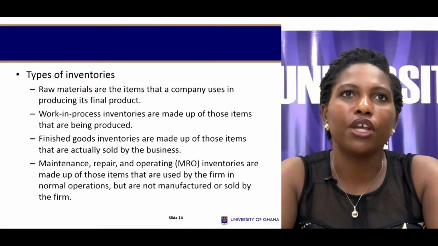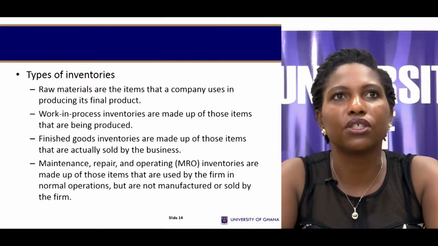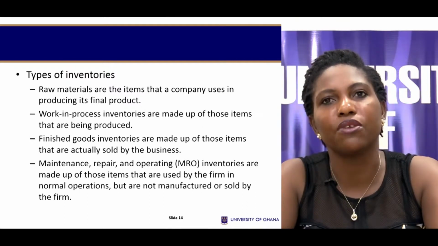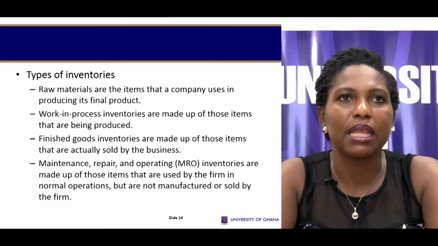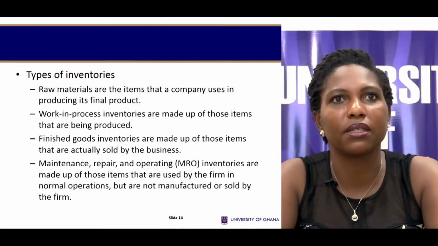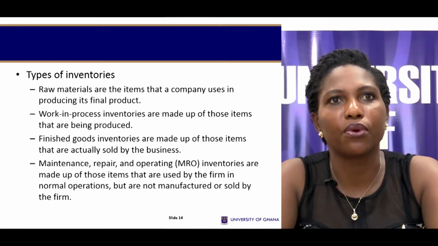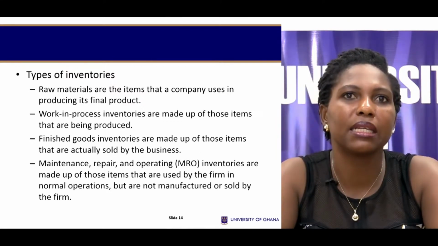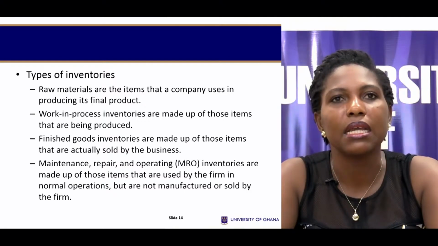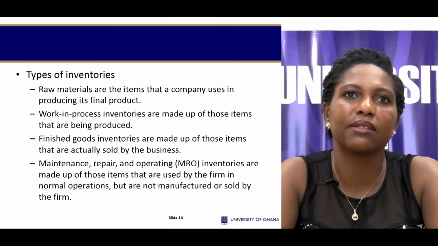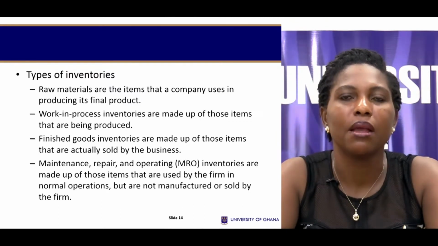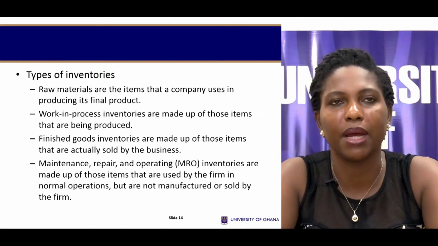Now, before you proceed with making those decisions, you need to understand the types of inventories you may face. For some, there's inventory of raw materials. Then we also have work in process materials, that means items that are still under production. Then we have inventory of finished goods, and then for certain firms we may have an inventory of maintenance, repair, and operating items, made up of items used by the firm in servicing its relevant components of machinery, but not necessarily manufactured or sold by the firm.